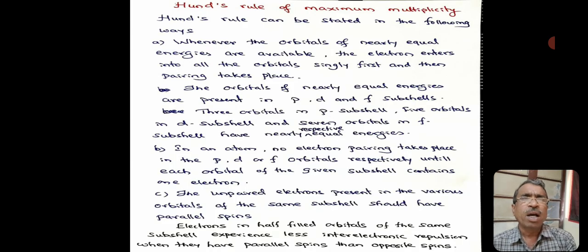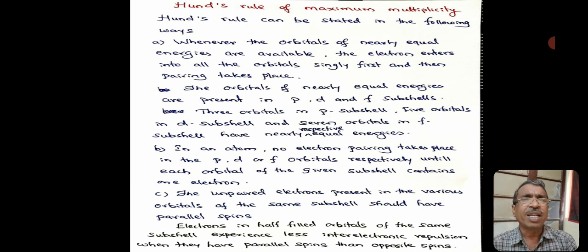Coming to the next one, Hund's rule of maximum multiplicity. Hund's rule can be stated in the following ways. Whenever orbitals of nearly equal energies are available, the electron enters into all the orbitals singly first and then pairing takes place. Orbitals of nearly equal energies are present in p, d and f subshells because these subshells have different orbitals.